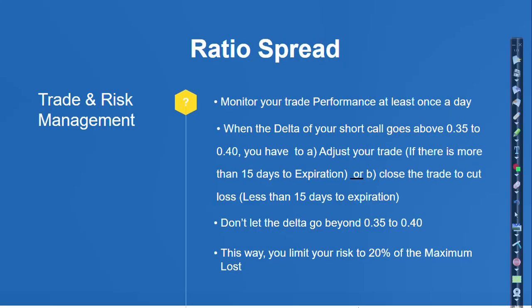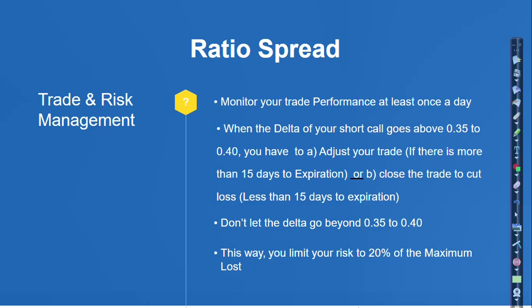Trade and risk management. Monitor your trade performance at least once a day. No need to observe or monitor all the time. You just check it once or twice in a single day only. So when the delta of your short call goes above 0.35 to 0.40, you have to adjust your trade, or if there is more than 50 days to expiry.